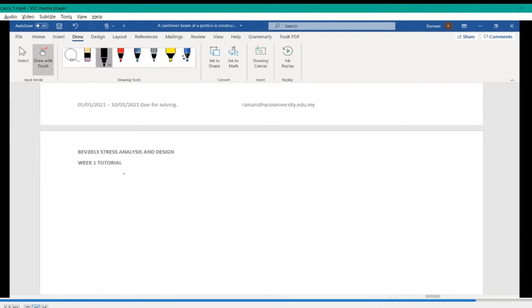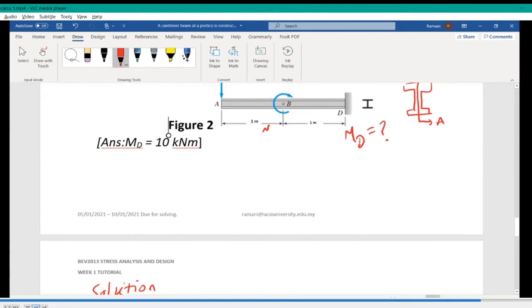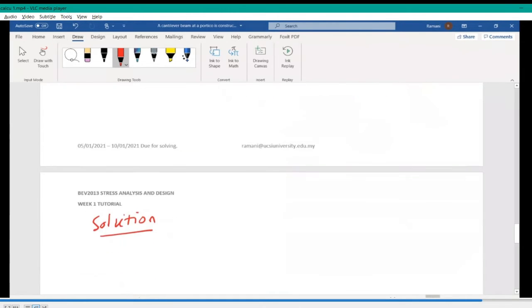Okay. Solution for 2. As usual, you need to know the sign convention for moments and reactions, right? You can do it yourself, or I can just quickly write it down. We follow the sign convention for two-dimension analysis. This is positive, this is negative. Downward is negative, this is positive.